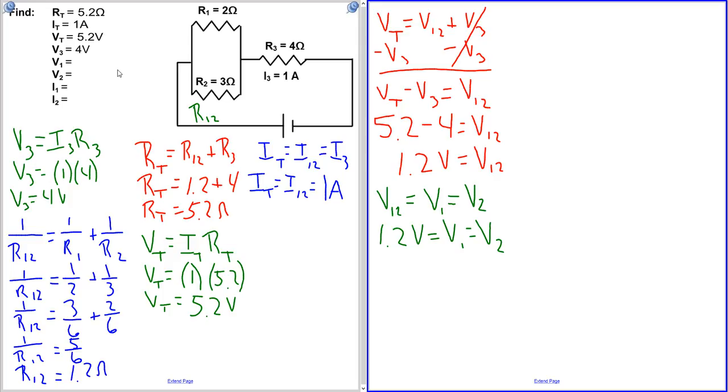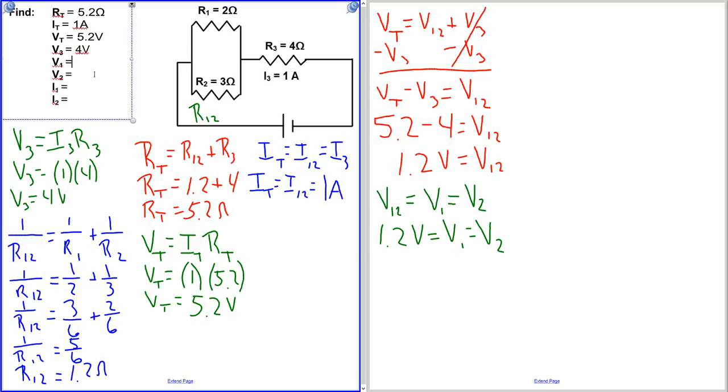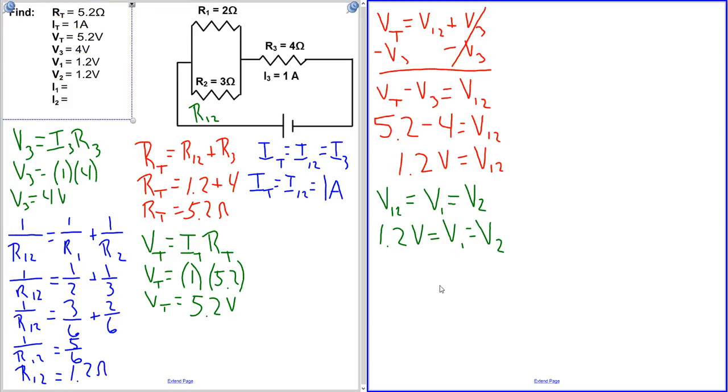So I can come back and add that to my list of found information. And the last things I have left to find is the current at resistor 1 and the current at resistor 2. And once we have our resistance and our voltage, we can go right back to Ohm's law and solve for those.